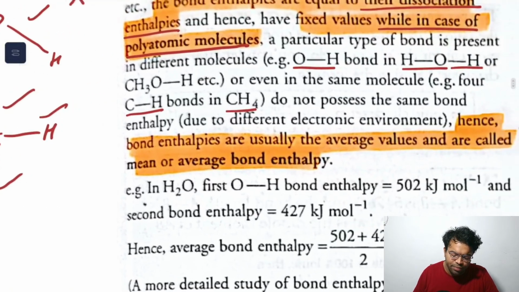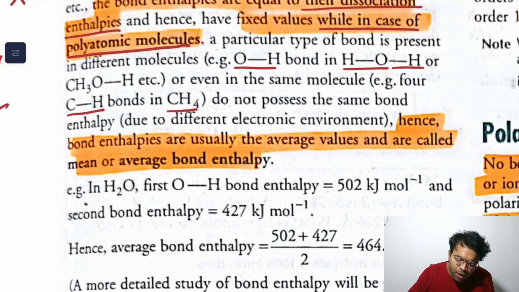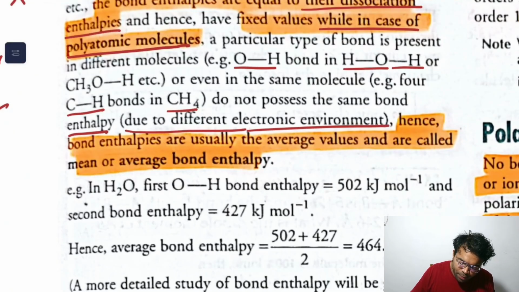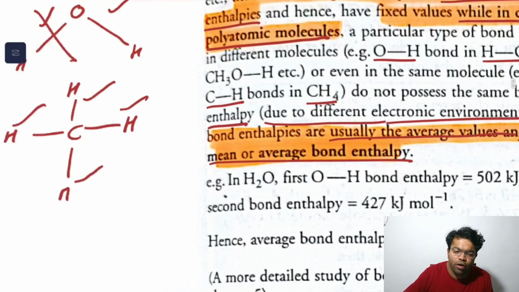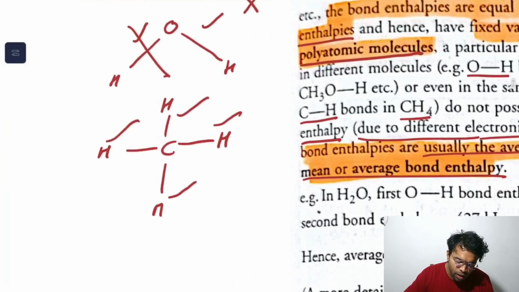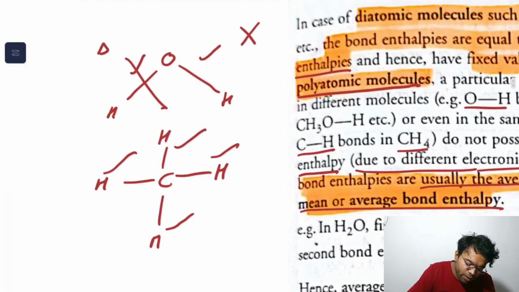That's what's happening here. Now, a particular type of bond does not possess the same bond enthalpy due to different electronic environments. Hence, the bond enthalpies are usually average values and are called mean or average bond enthalpy. So, let us imagine that to break this bond, the bond enthalpy required was delta H1, and to break this bond it was delta H2.